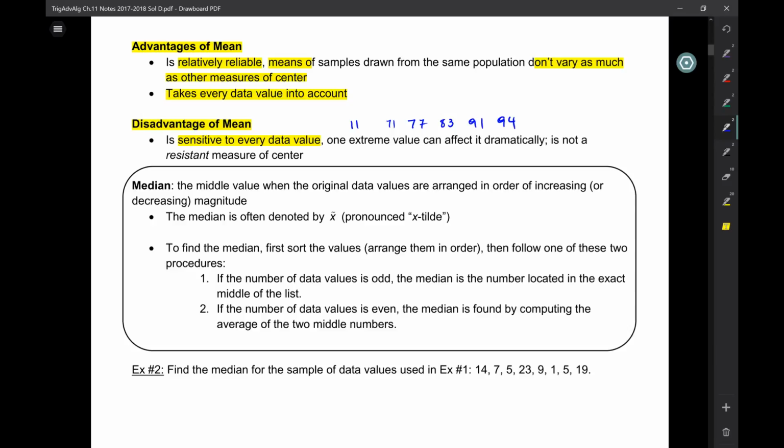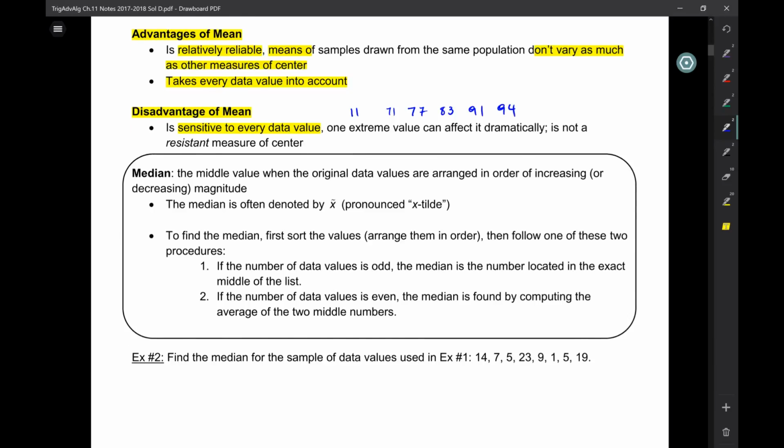If you're taking the mean, you must count them all. So a disadvantage of using the mean to analyze your data is that one outlier will bring the average way down.